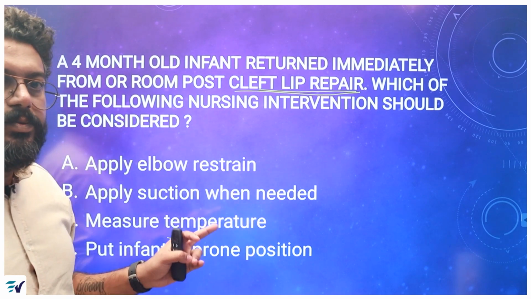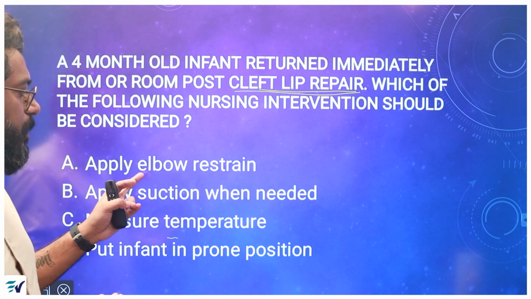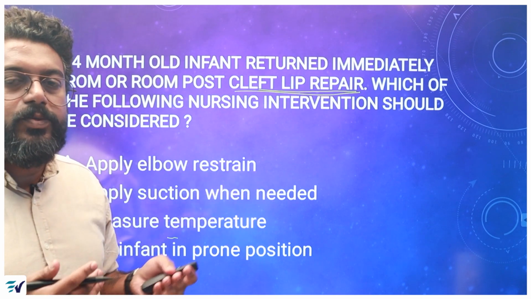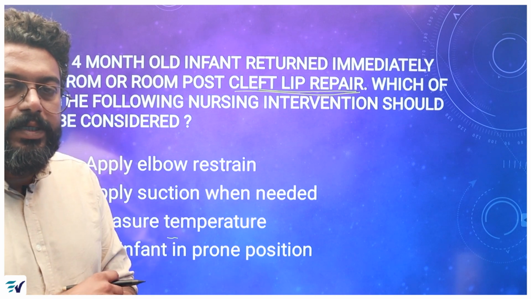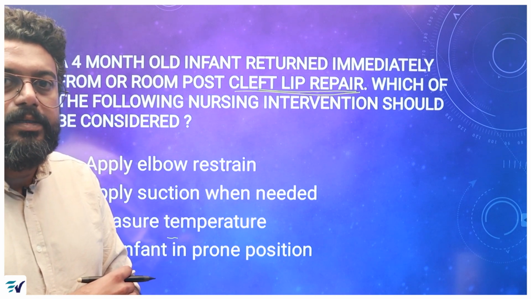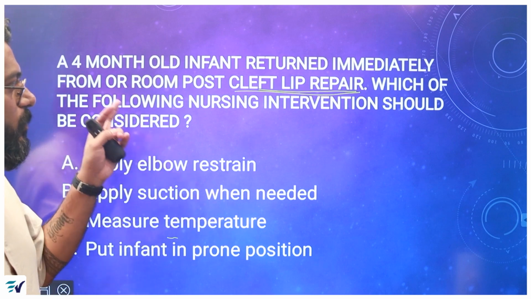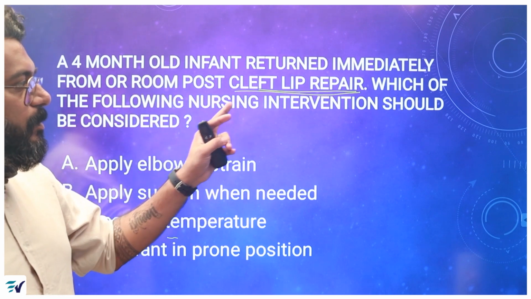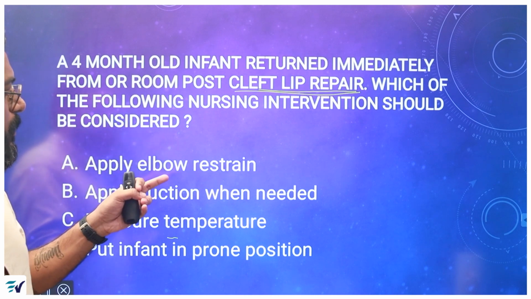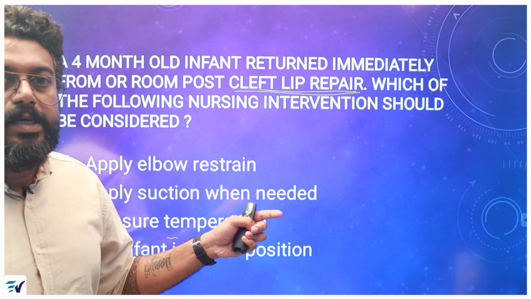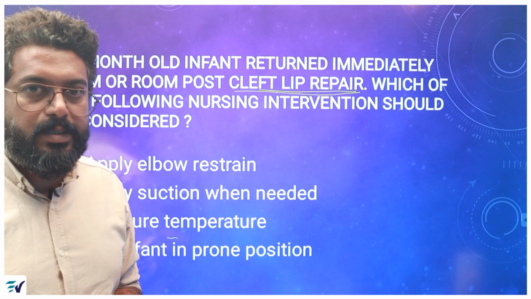Another thing you should do while applying elbow restraint is release the restraints every 2 hours. Why? To prevent injury or redness at the site. Okay. So for a child post cleft lip repair, one of the most important interventions is to apply elbow restraints to prevent unwanted touching.